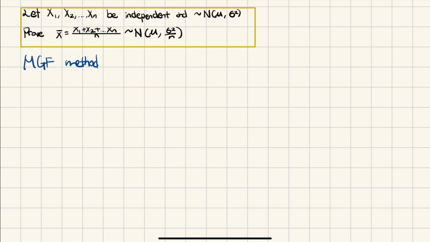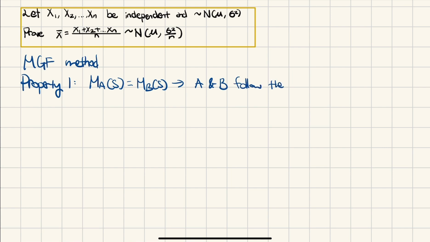And let's use one of the properties of MGF, which I'll call property 1, which states that if the moment generating functions of two random variables are the same, it means that those two random variables follow the same distributions.